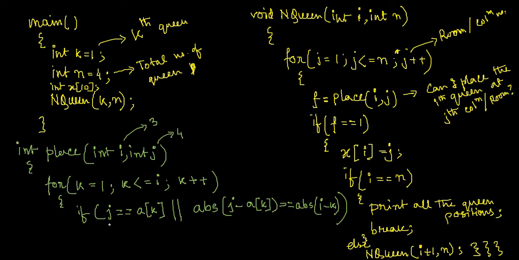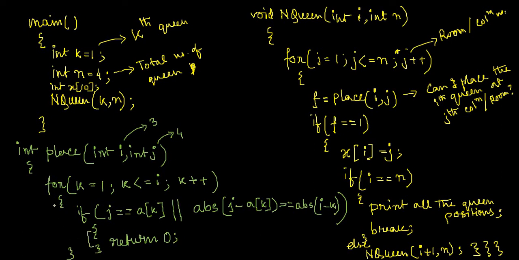That means you cannot keep the ith queen in jth position. As simple as that. So I can say directly, okay, just return 0. There is no option. So I can directly return 0 at that moment.